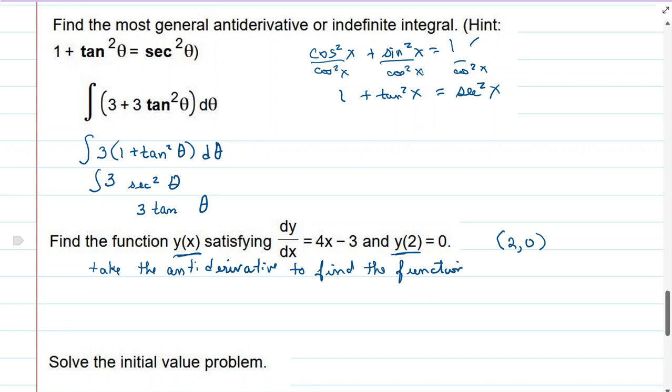All right. So this time we do have a C. So if I have dy dx equals 4x minus 3, then I want the antiderivative, which would give us our y of x equals 4x squared divided by 2 minus 3x plus some constant.